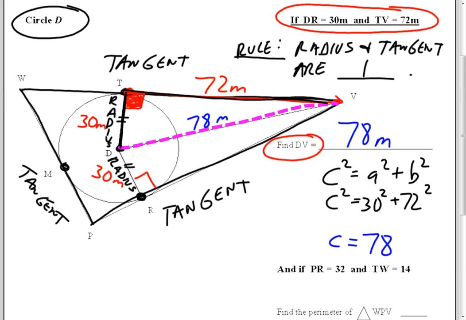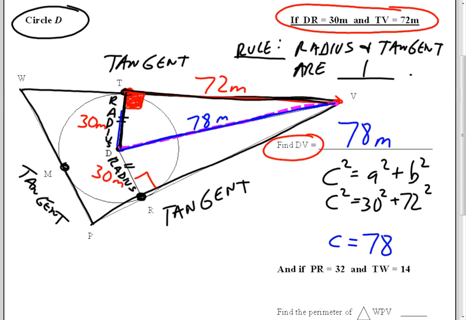When we were proving that triangles were congruent, we had SSS, SAS, ASA, AAS, and what was our fifth? HL. Do I have right triangles? Do I have a hypotenuse that's the same for both triangles?